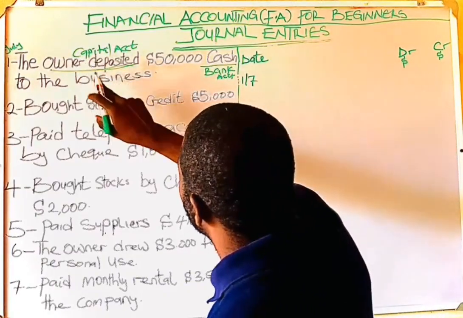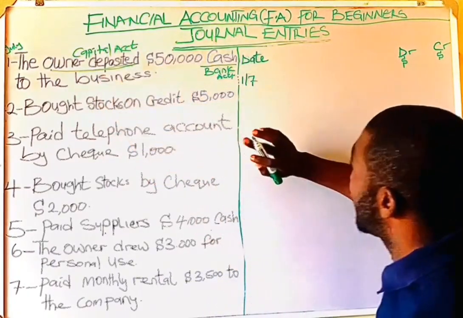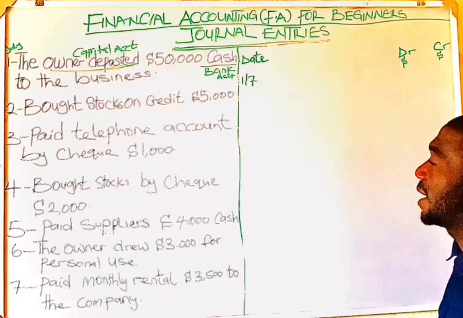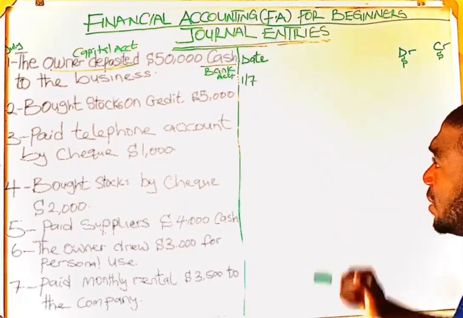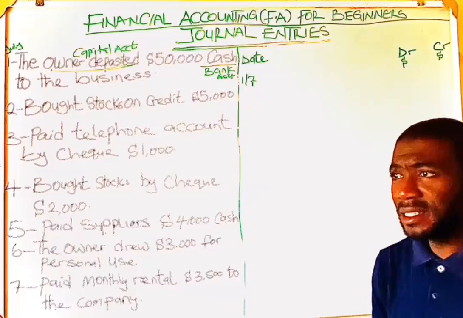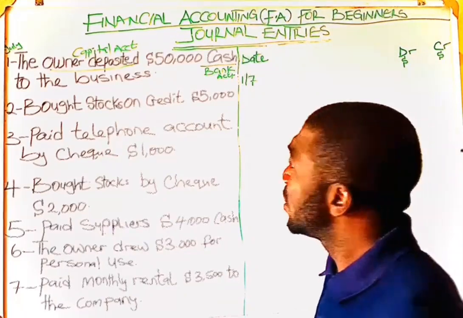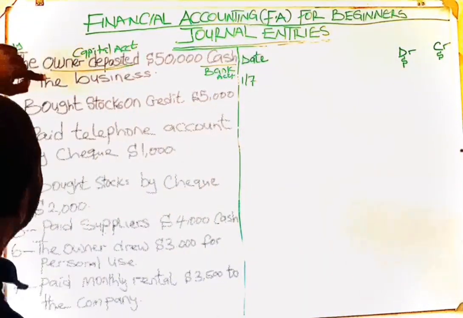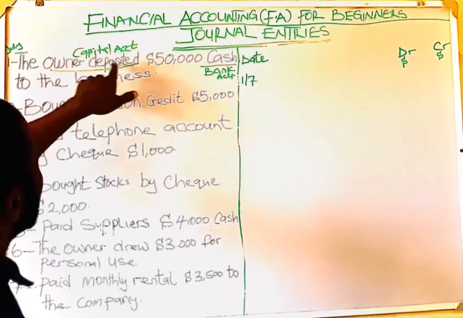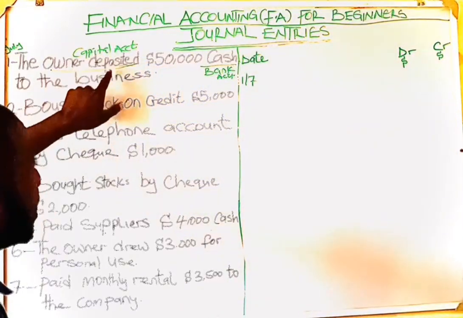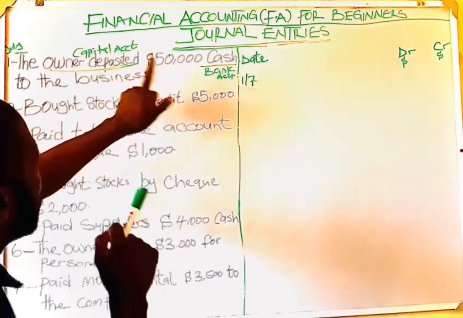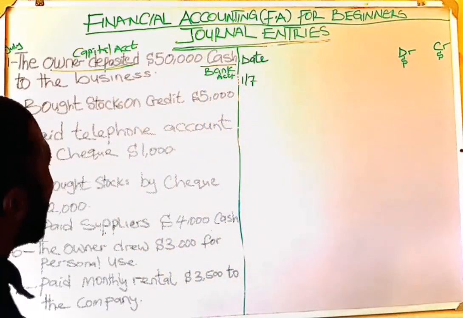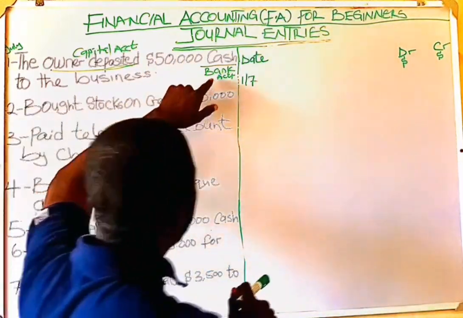Now in your journal, this is the date, the 1st of July. We have the capital account and the bank account. In accounting, we consider debit before credit. Even though capital is the first account identified, we consider debit before credit. So our first entry will be bank.